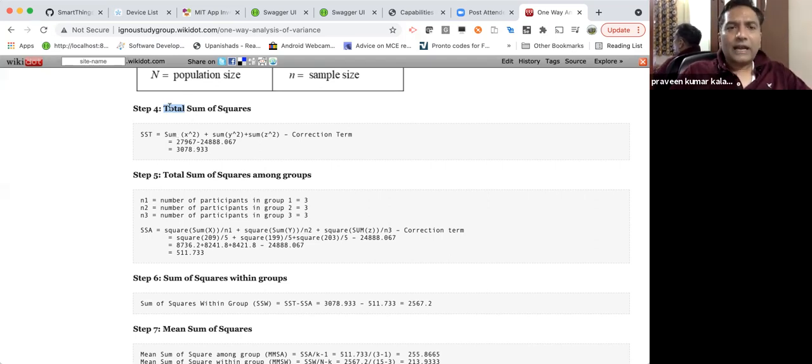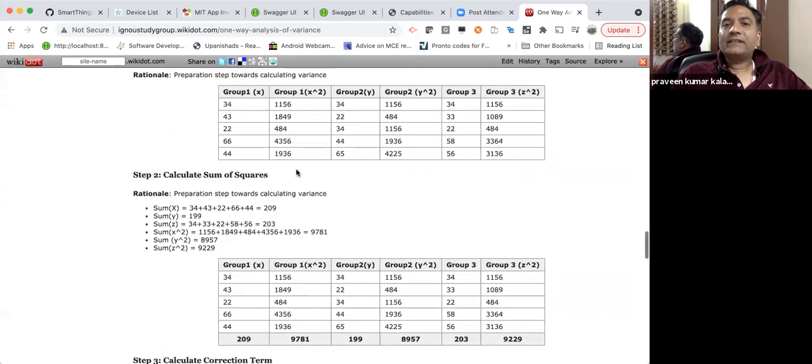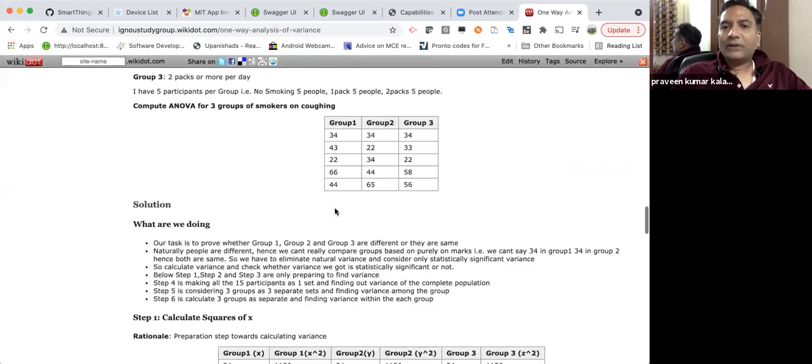So what you are doing here, first step, you are checking the variance for the entire group. That means the variance when you combine group 1, group 2, group 3 and make it one group, and you just find out the variance. Why do you want to do this?